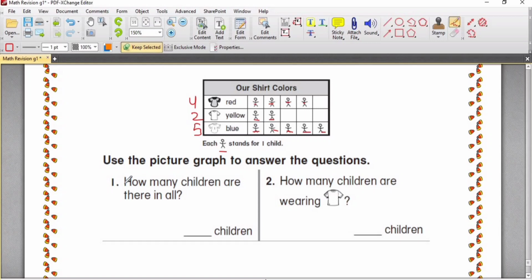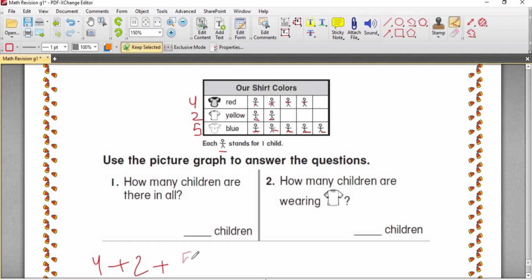Okay. Let's see what he asked from you. He tells you to use the picture graph to answer the questions. Question number 1. He asked you how many children are there in all. He wants you to find the total children. All we have, just add these 3 numbers. So that will be 4 plus 2 plus 5.